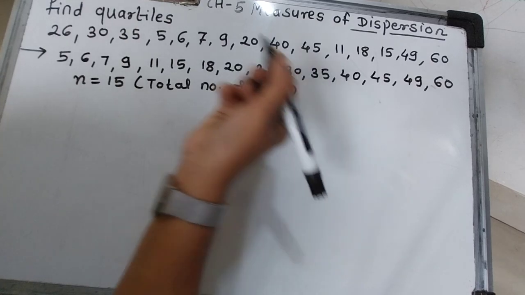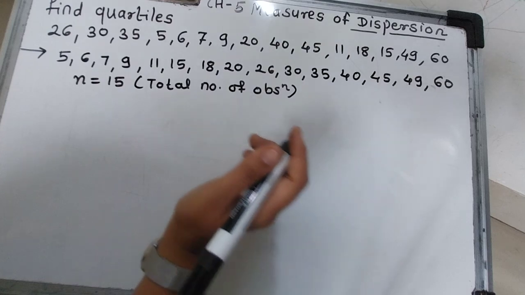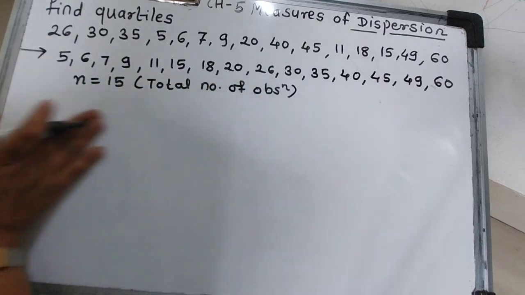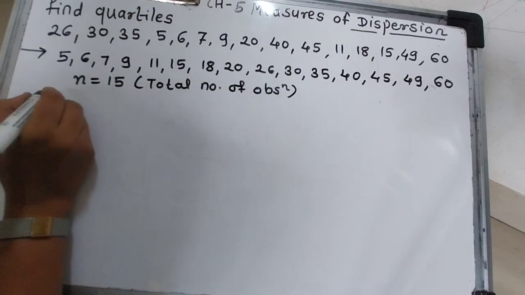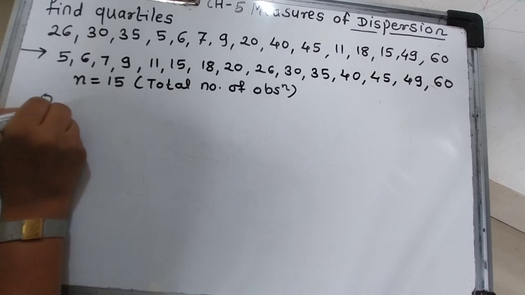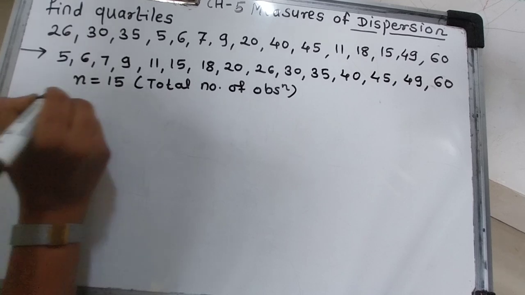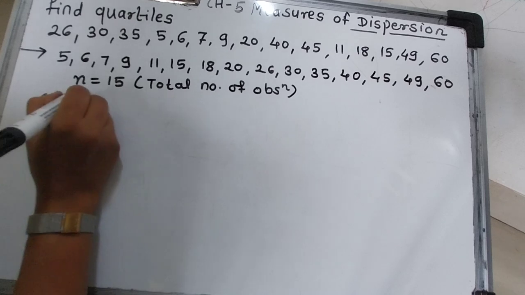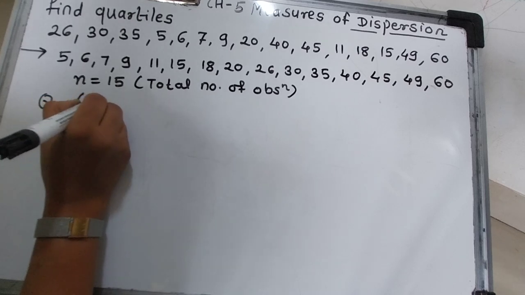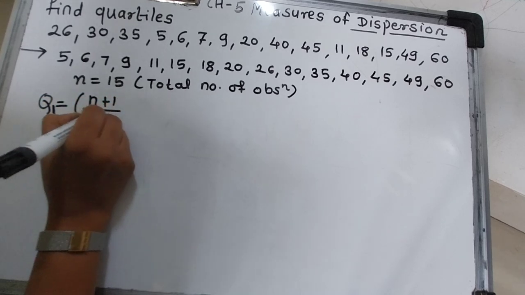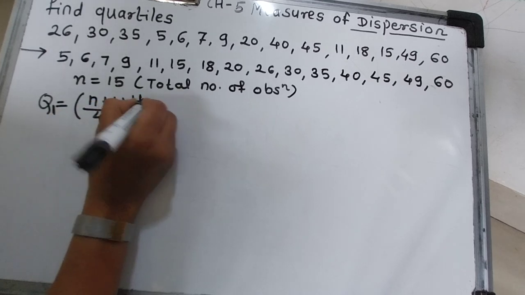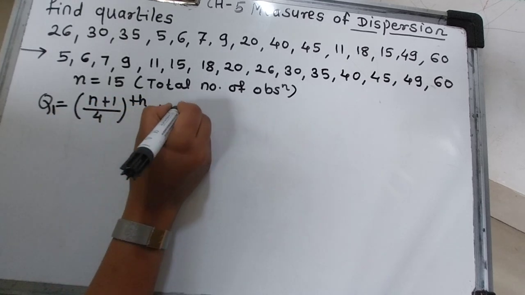What do we have to find here? Quartiles Q1, Q2, Q3 for the individual observations. First quartile Q1, what is the formula? The formula is (n plus 1) divided by 4th observation. It is very simple.